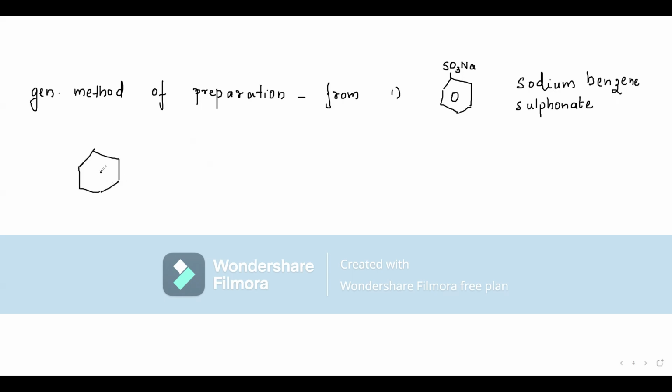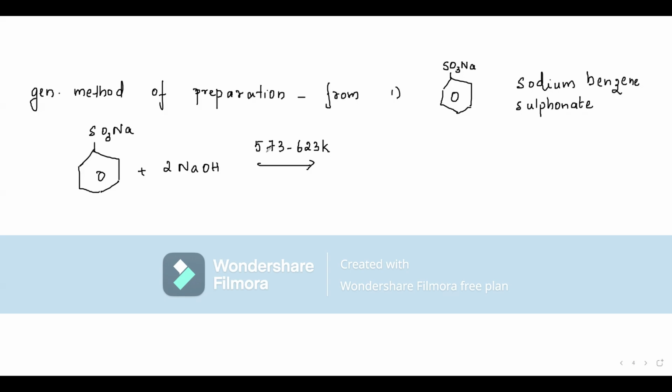So, this is our sodium benzene sulfonate that is to be treated with excess of sodium hydroxide at a high temperature, around 573 to 623 Kelvin.